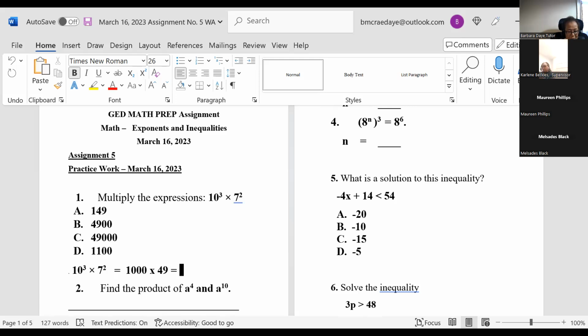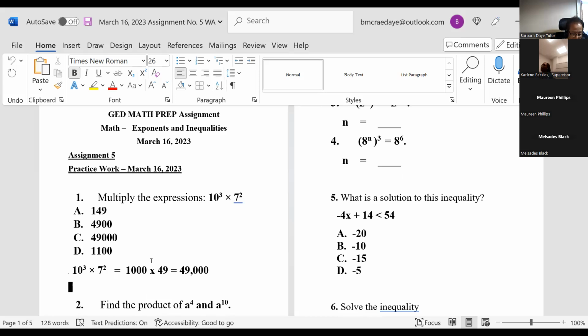You're going to multiply 1,000 by 49, and that is equal to 49,000. That's right, 49,000. So that would be answer C.